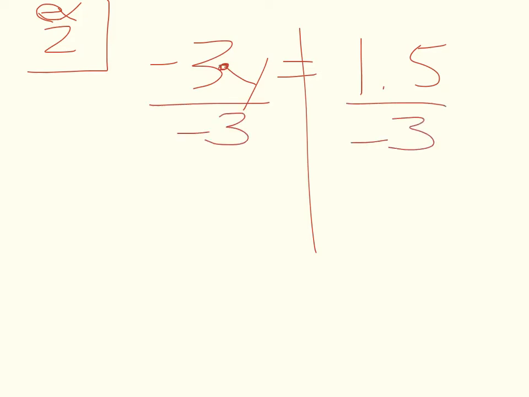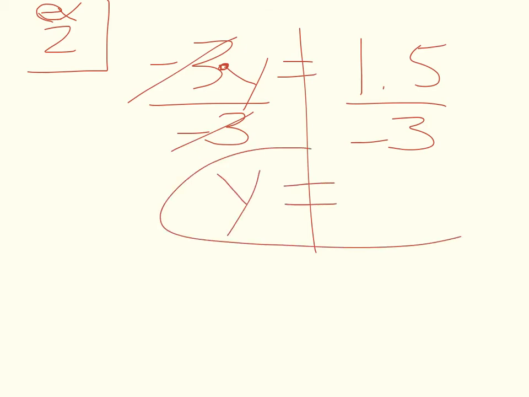So I'm going to divide by negative 3. First of all, those cancel out, so y drops down. And I'm going to put my answer in there. It's a positive divided by a negative. Signs are different, so the answer is negative. And then, you might know that answer, 1.5 divided by 3. I know that answer to be 1/2 or 0.5.